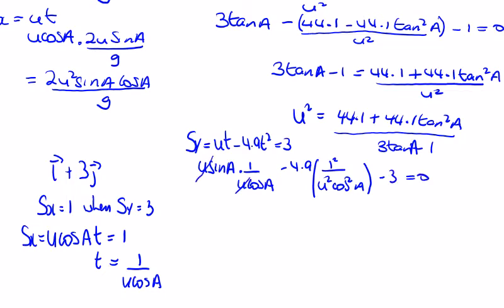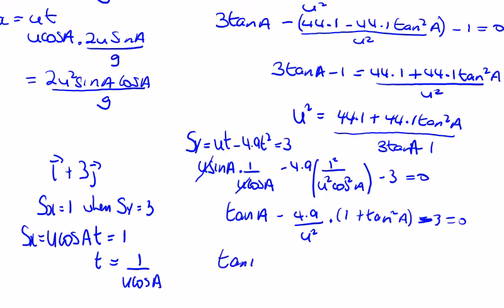So we've got my u's cancelling, leaving me with sine alpha over cos alpha, which is tan alpha, minus 4.9 over u squared times 1 plus tan squared alpha, that 1 over cos squared alpha, minus 3 equals 0.